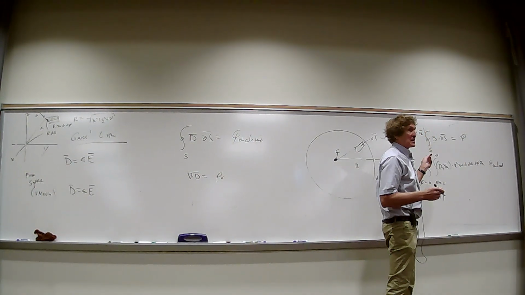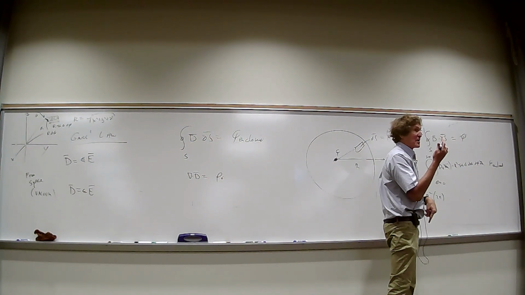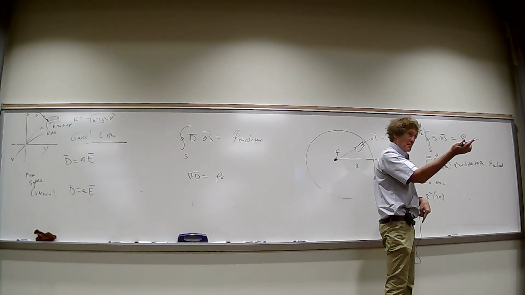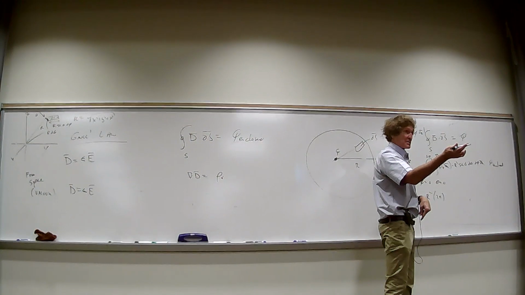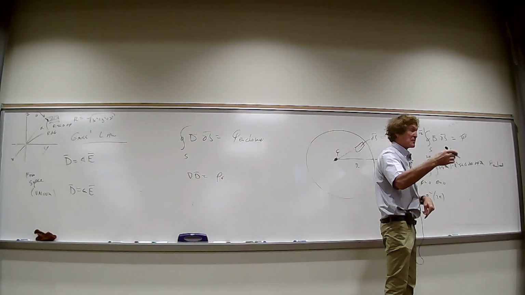Since it's minus cosine, make it cosine and go from pi to 0. Cosine of 0 is 1, minus the cosine of pi, which is minus 1, so 1 minus the minus 1 is 1 plus 1, which is 2.